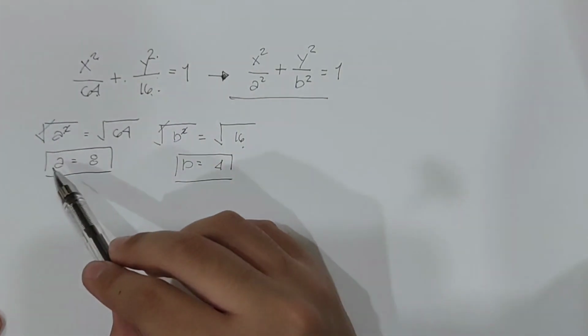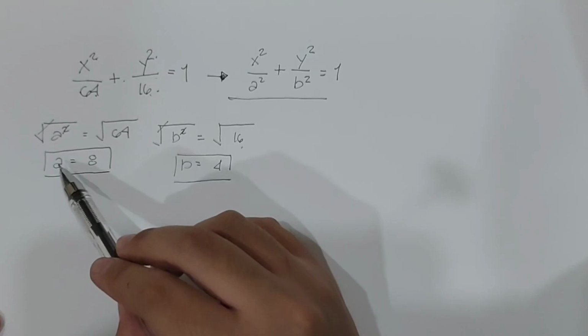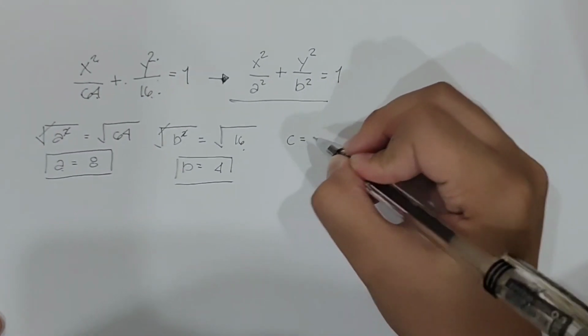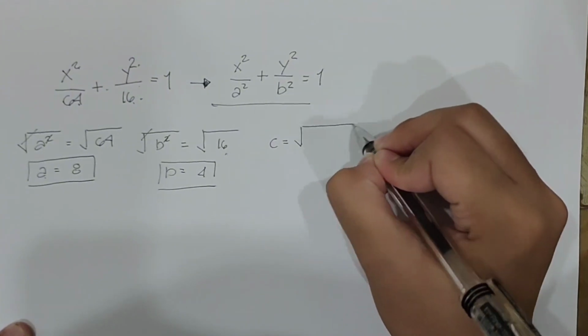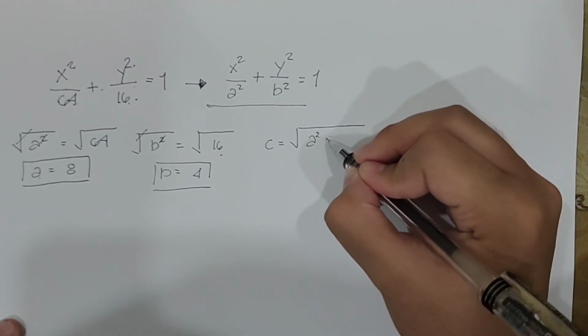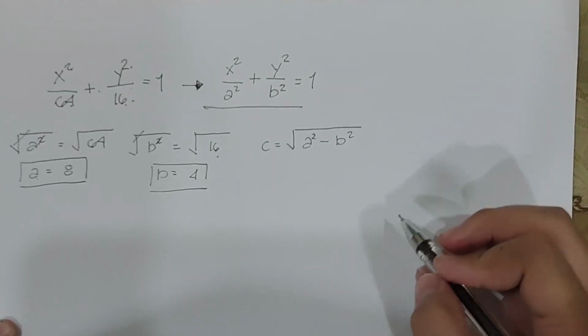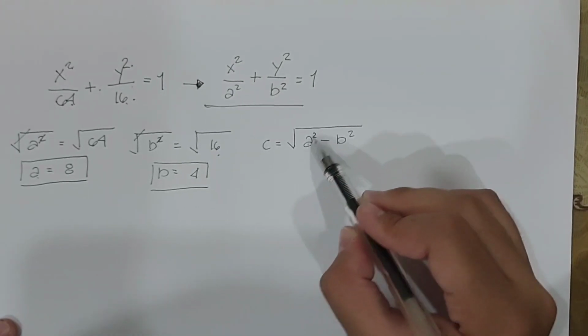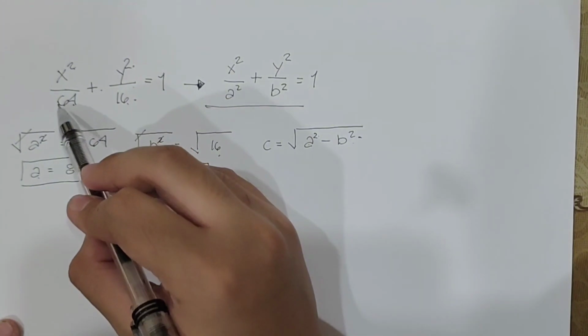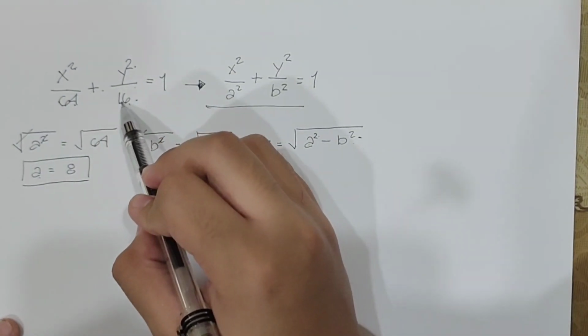Now that we're done with the square roots, next we're going to solve for c, which is the square root of a squared minus b squared. Since it's looking for a squared and b squared, we're going to get 64 and 16.